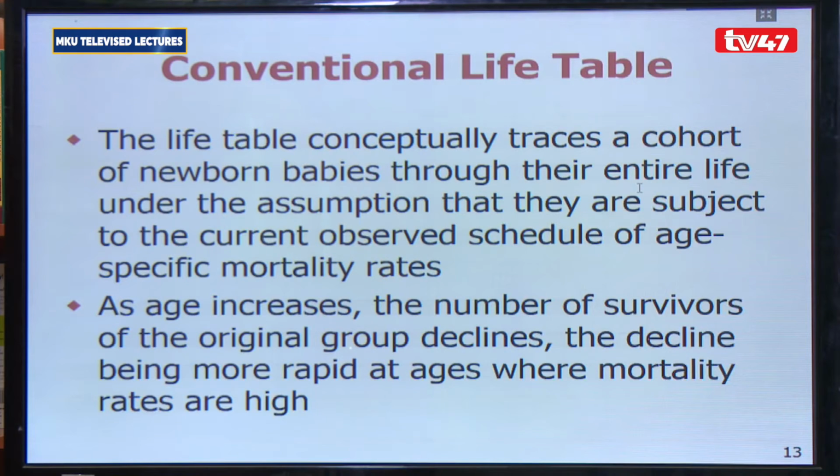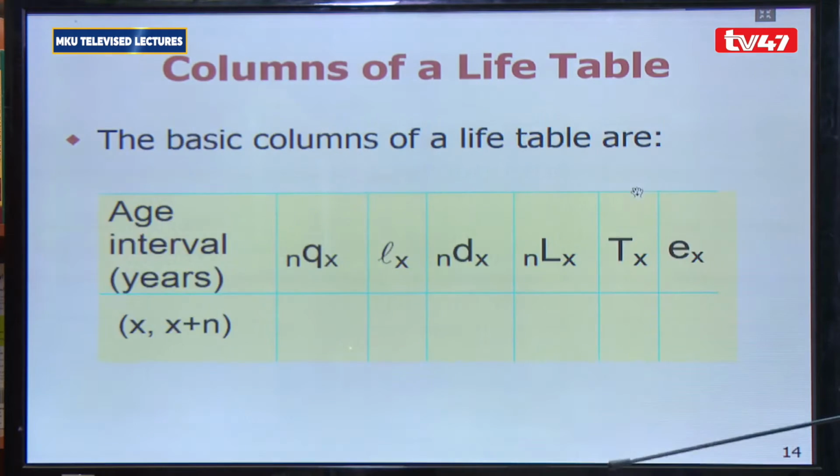So we had, for example, a starting value of 100,000, and then at each and every age, the number that is alive is recorded. And from there, we shall be able to know how we can even compute the probability of survival to a certain age, death, and so on.